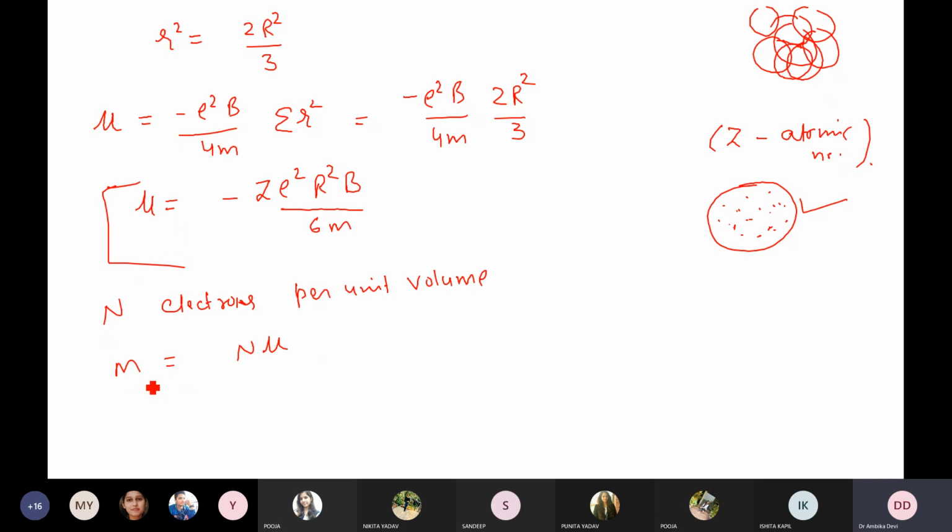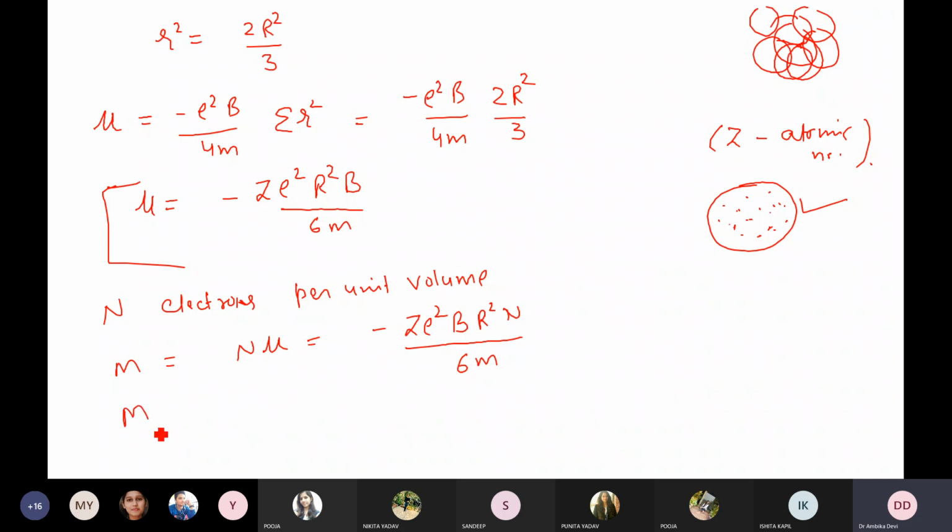So M is equal to minus Z e square B r square n divided by 6m. This is the net magnetization of the material.